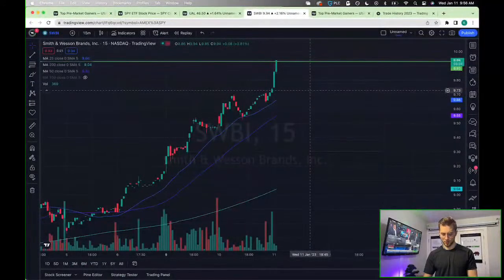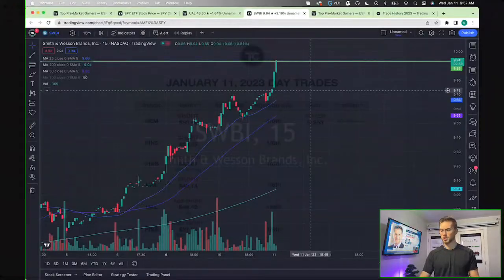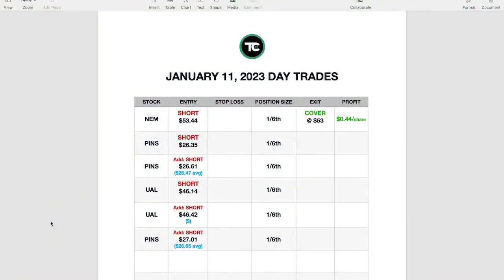Actually, we're not going to short SWBI. The volume's way too thin today. So we'll avoid that one. But we're still short Pins. We're still short UAL, which are pushing up higher at the moment.